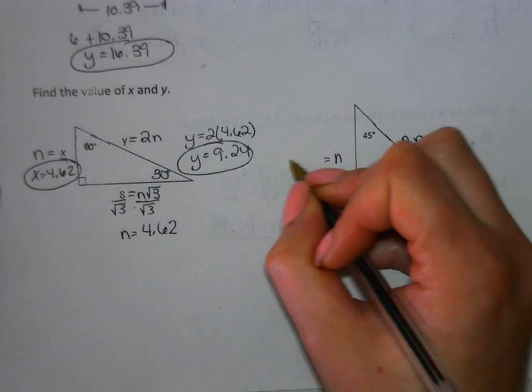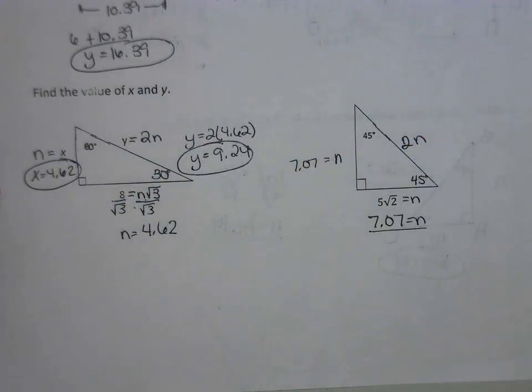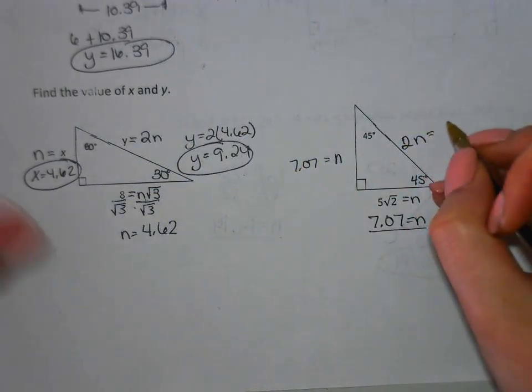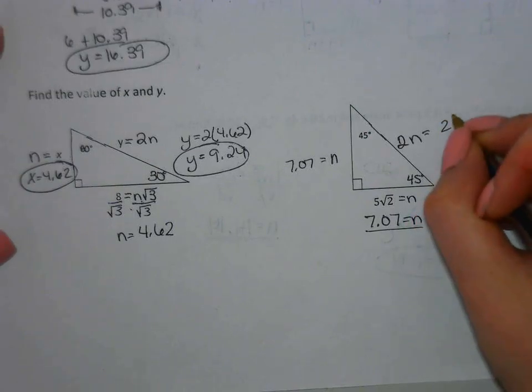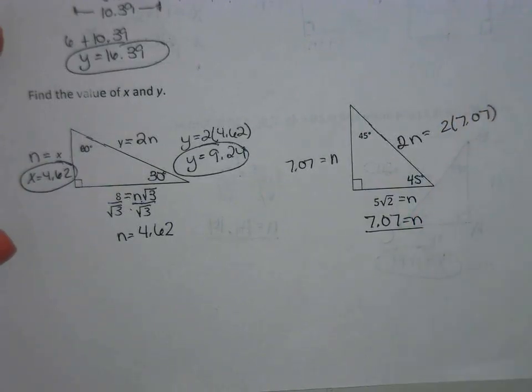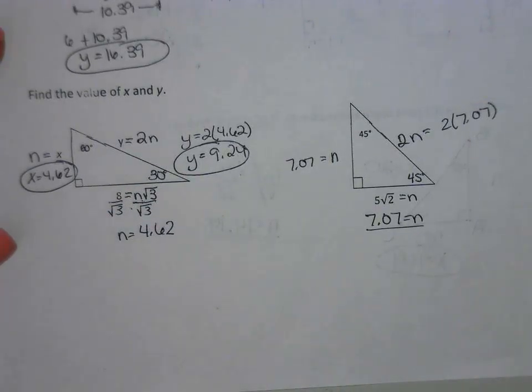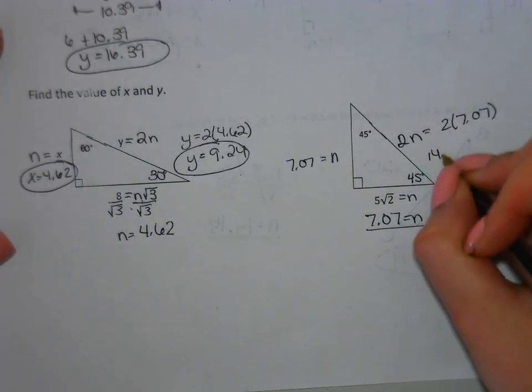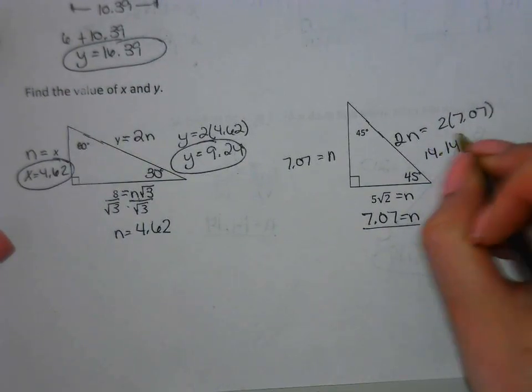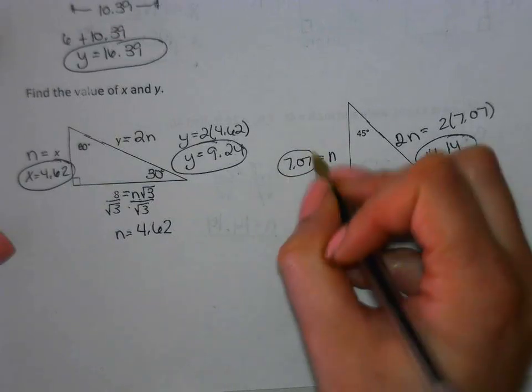So we know this side length is also 7 and 7/100. To find our hypotenuse, take 2 and multiply it by 7 and 7/100. So 2 times 7 and 7/100 is 14 and 14/100. So those are our 3 side lengths.